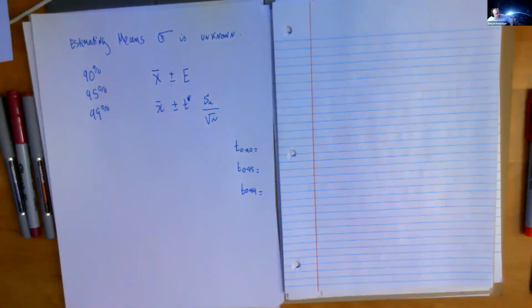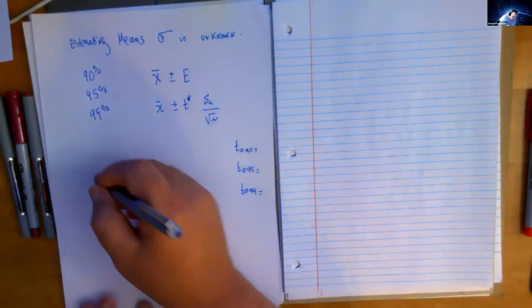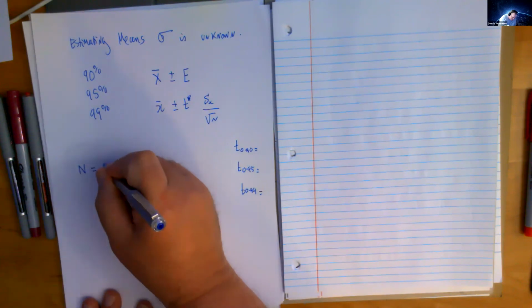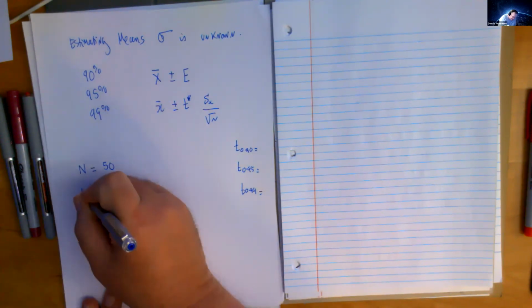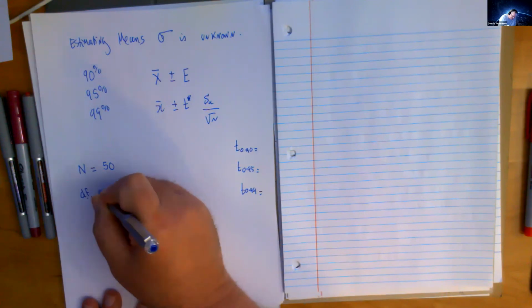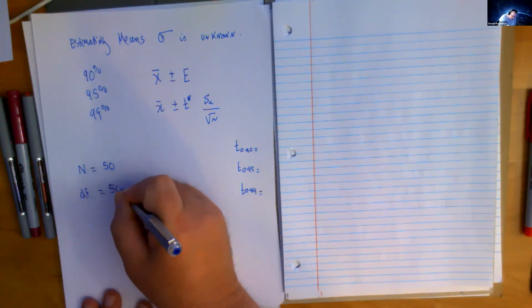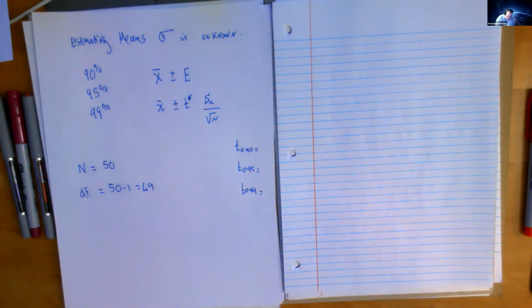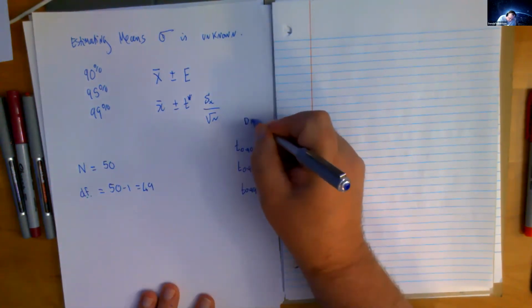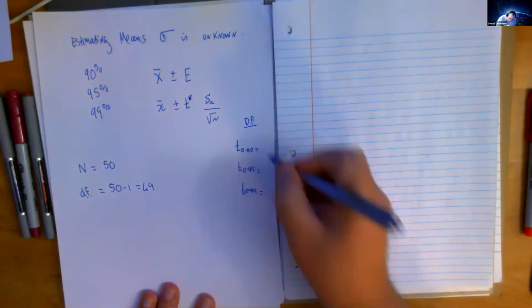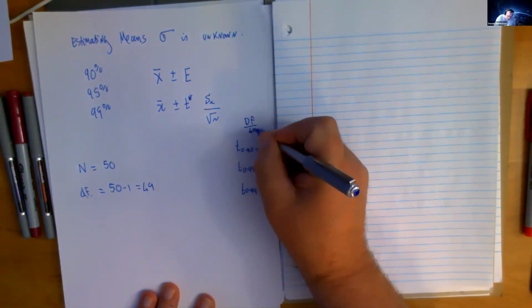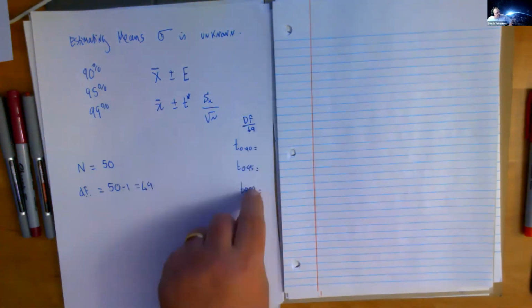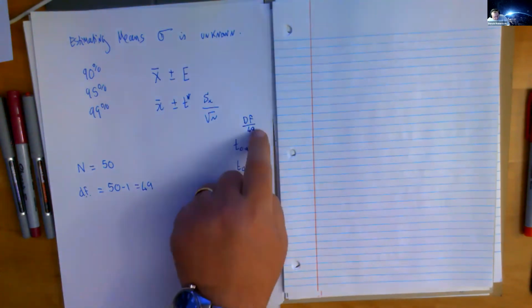But here's the problem, and this is why the calculator is going to work. If your sample size is, say, 50, there's a thing called degrees of freedom, and it's always the sample size minus 1, so this would be 49. Then you have to look up a table with lots of numbers, where degrees of freedom are 49. And you see these three magic numbers? They will be for 49.